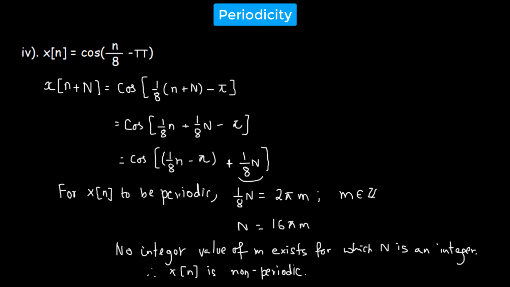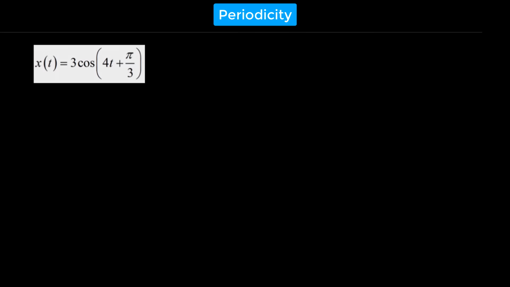Let us go to the next problem where we'll be dealing with a continuous time signal. So here we have a continuous time signal x of t given by 3 times the cosine of 4t plus pi over 3. So we have to check whether the given function is periodic, and if yes, then we'll try to find out its fundamental period. So let us begin by comparing with the general form given by x of t equals A cosine of omega t plus phi.